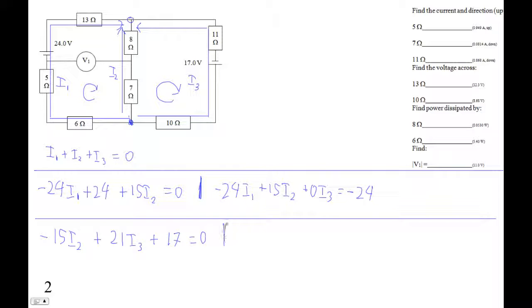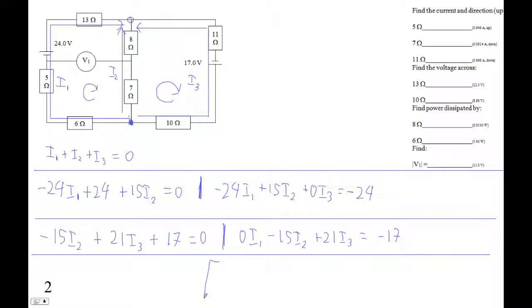That's 0. If I make this matrixable, there are no I1s: minus 15 I2 plus 21 I3. Let's put the 17 on the other side, so that equals negative 17. Now we can make a little matrix here.